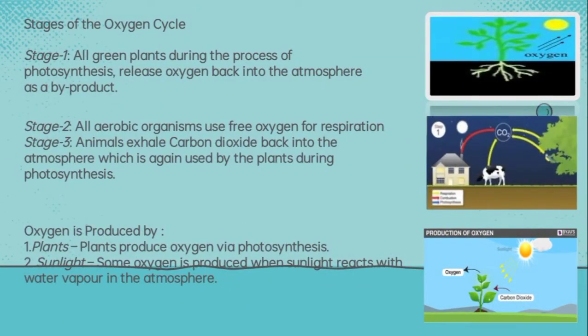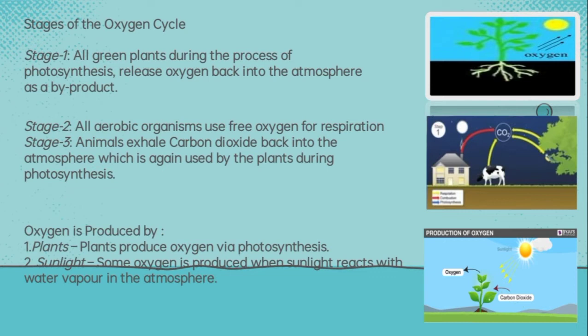Here are the stages of the oxygen cycle. Stage 1. All green plants during the process of photosynthesis release oxygen back into the atmosphere as a byproduct. So, plants release oxygen to the atmosphere as a byproduct of photosynthesis. Stage 2. All aerobic organisms use free oxygen for respiration.